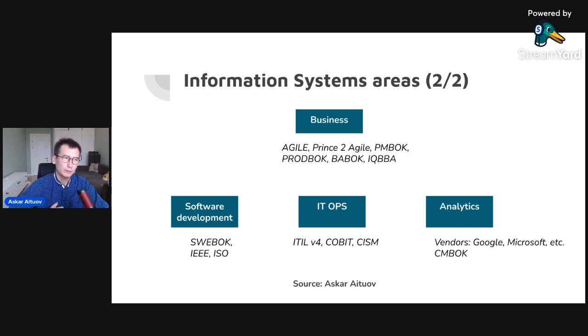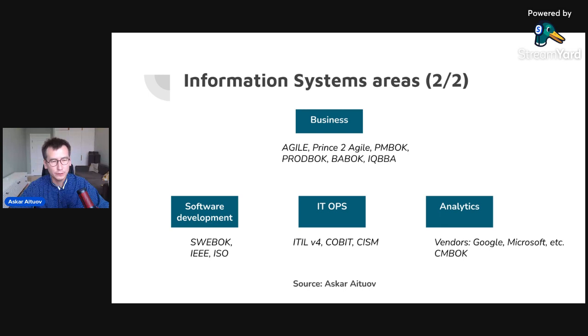For product positions, there's ProdBOK, the product body of knowledge. BABOK and IQBBA are a good foundation for business analysts. Knowledge of these standards is not mandatory, but if you have free time, it's worth skimming through them. It will give you a great foundation.